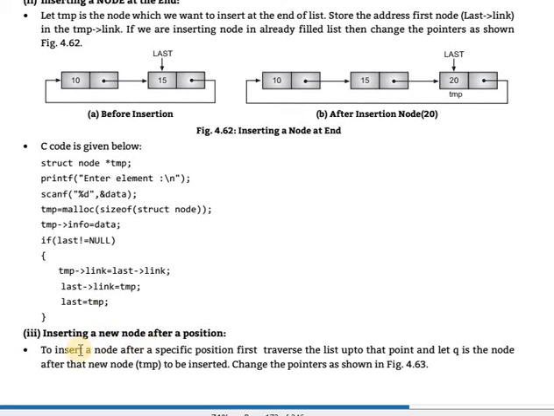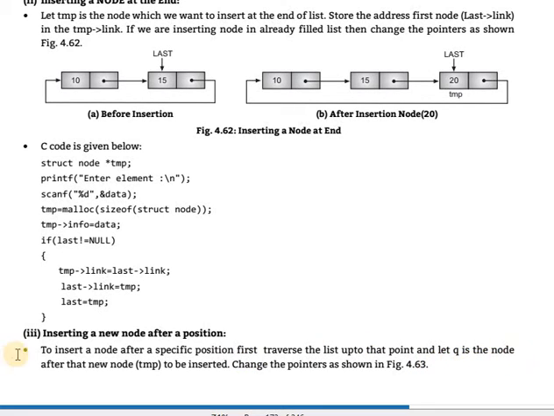Next point, third: inserting a new node after a position. To insert a node after a specific position, first travel the list up to that point. Obviously, to insert at a particular position you travel from the first node up to that position.